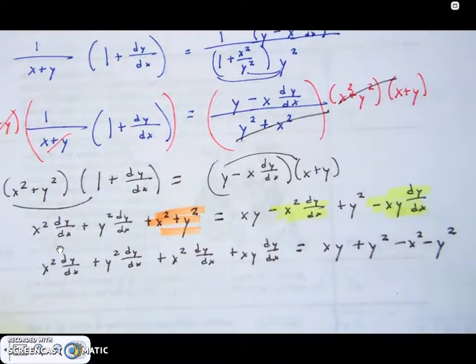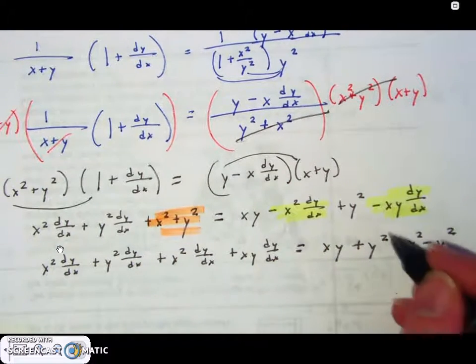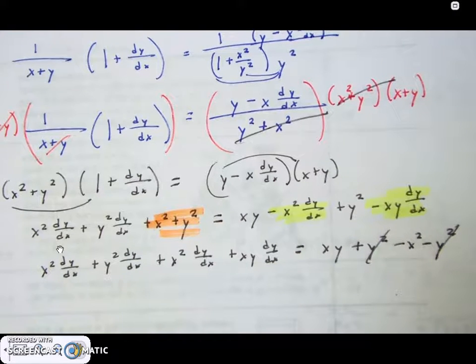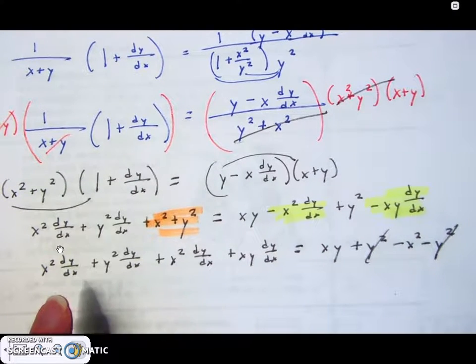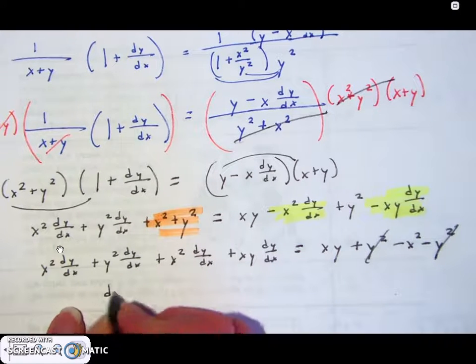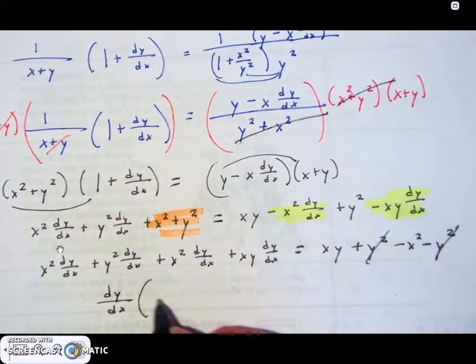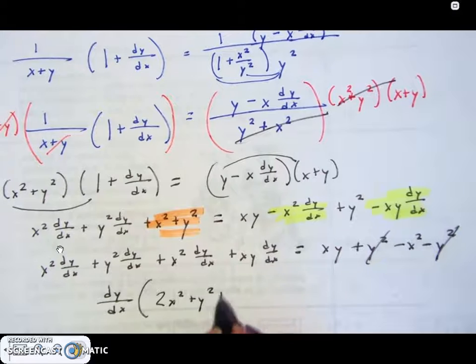Any simplification? And over here, I guess we can make that 2x squared, right? So let's factor out the dy dx. What would that leave us all together?